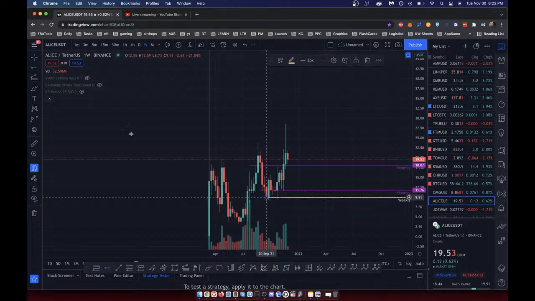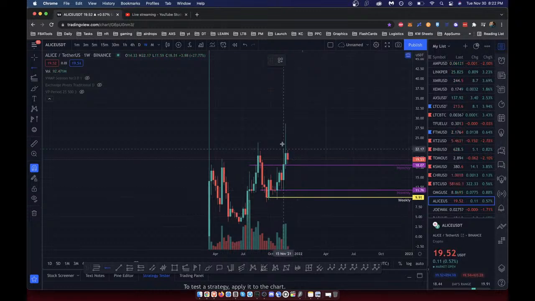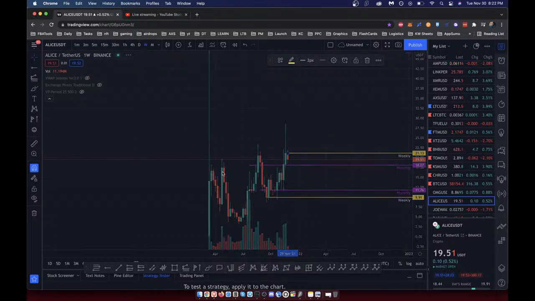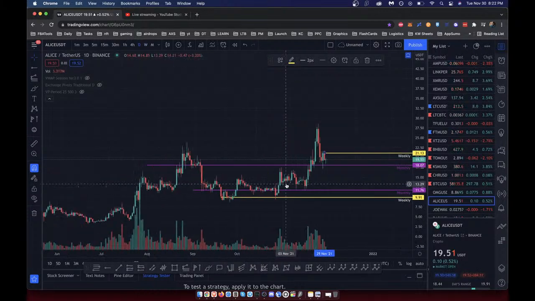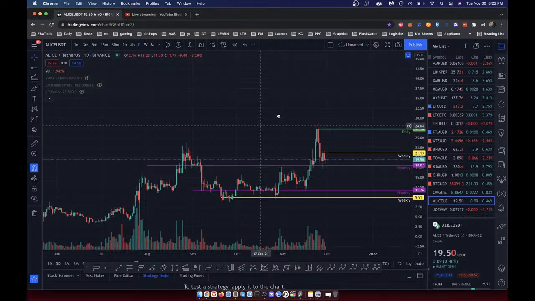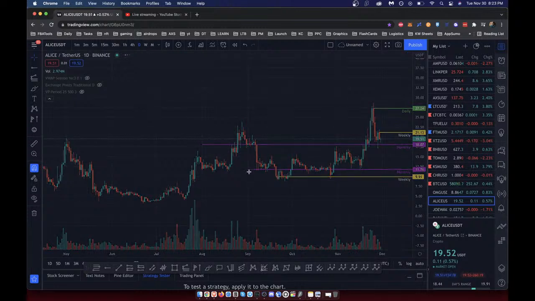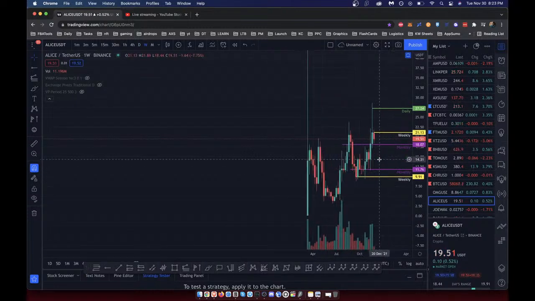Looks like we have a weekly level at $9.91, and I would say that this is a good weekly level right here. I think I missed just this one right here.